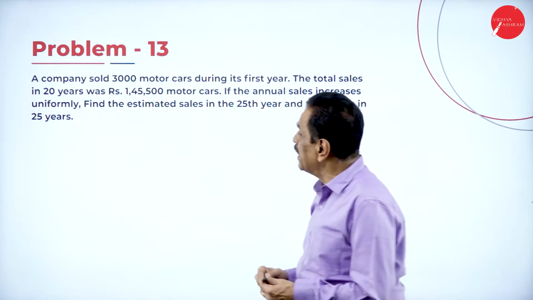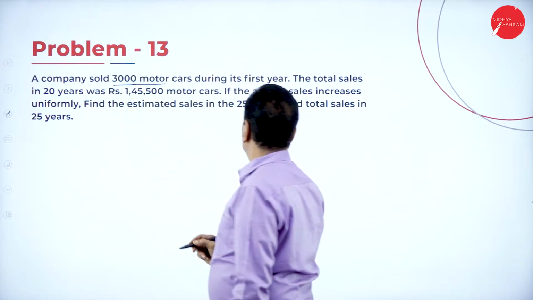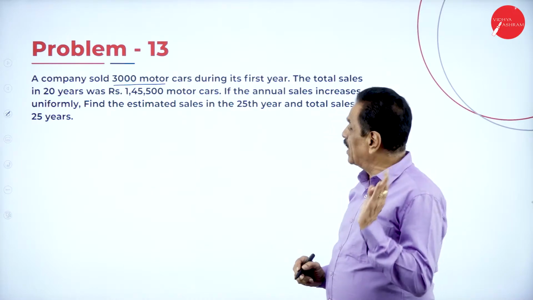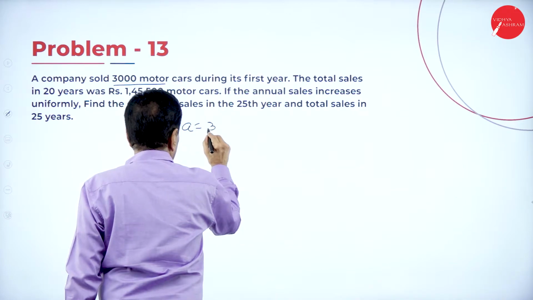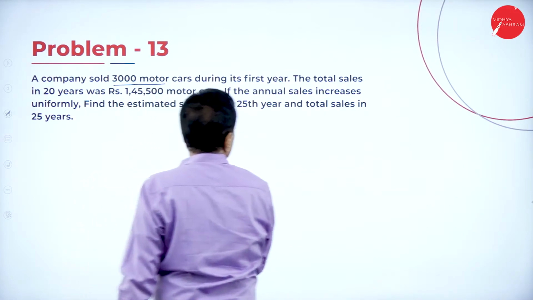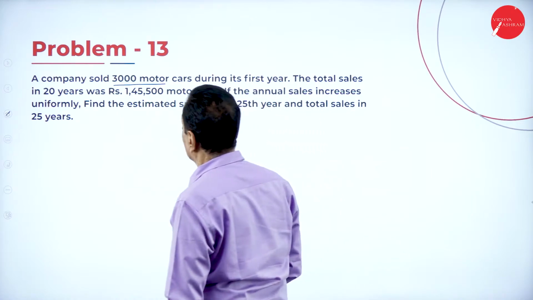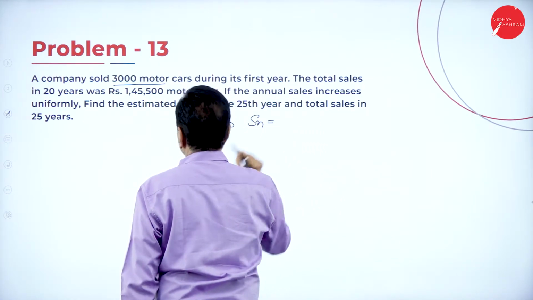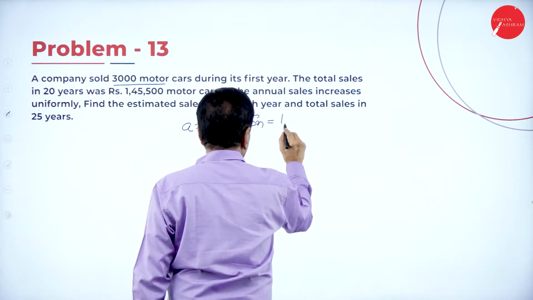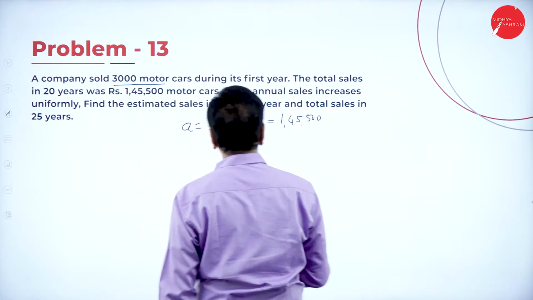A company sold 3,000 motor cars during the first year. First year means A. A is equal to 3,000. The total sales in 20 years was 1,45,500. Sn is 1,45,500 in how many years?